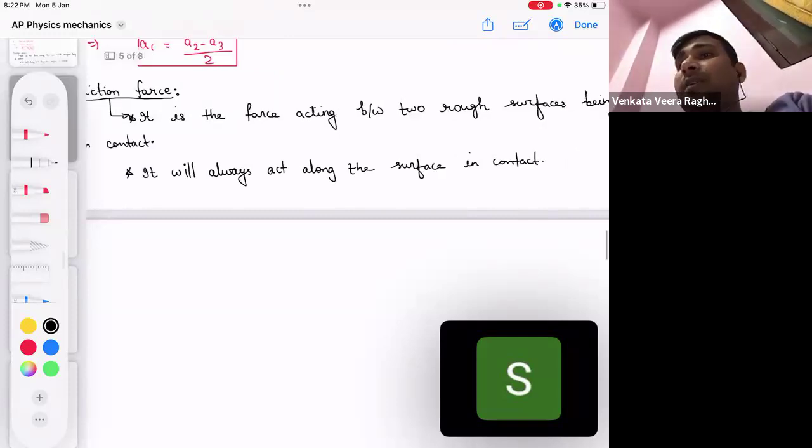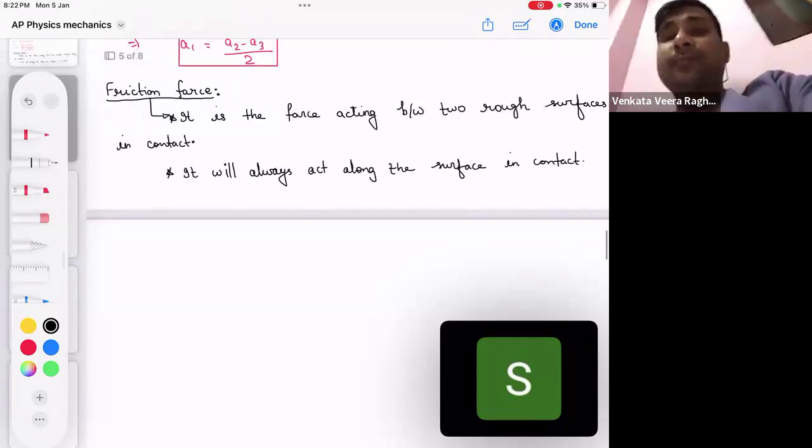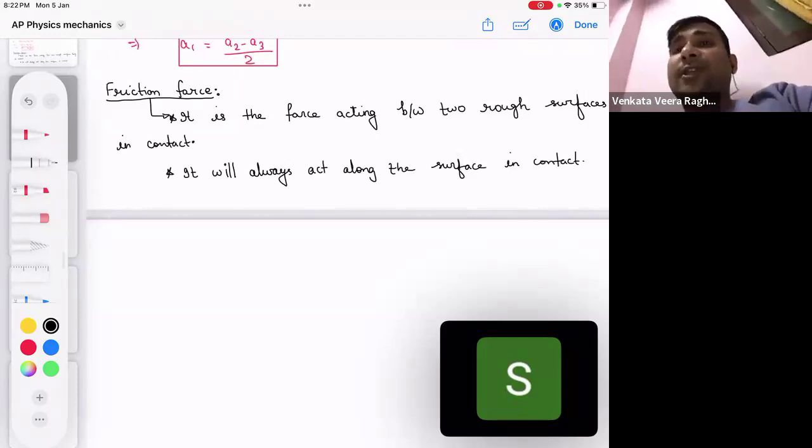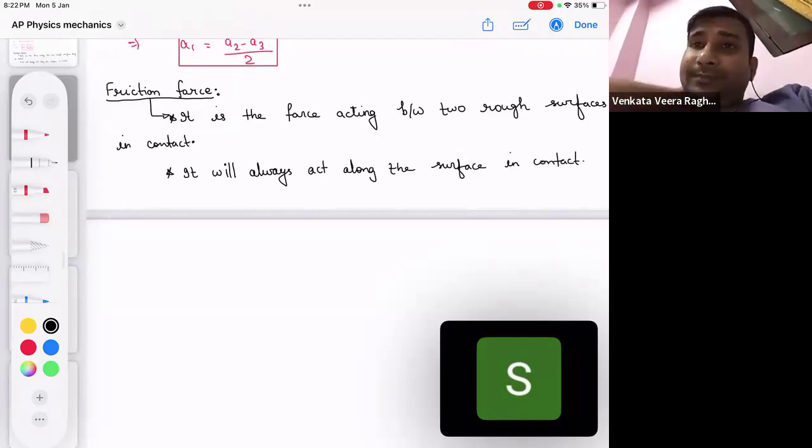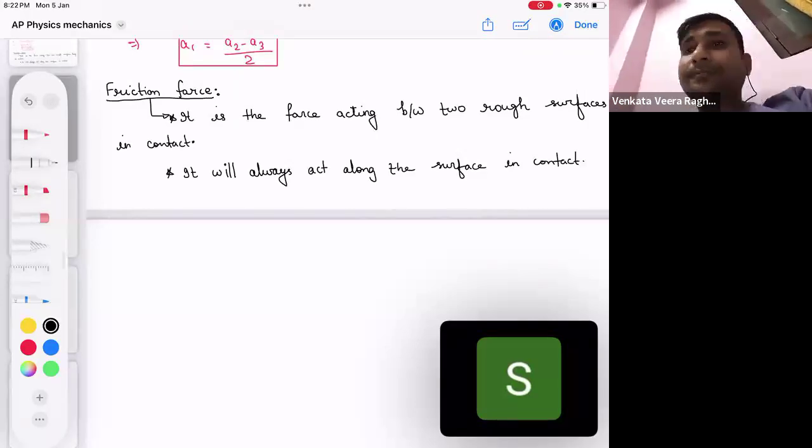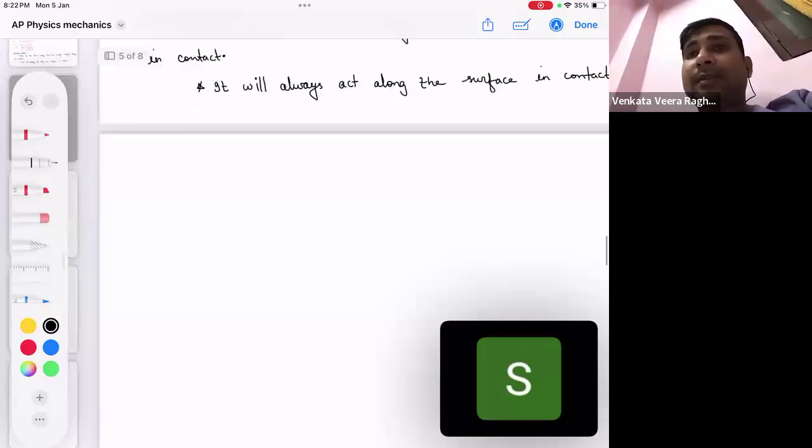Is that clear? Now, how many types of friction force are there? Can you tell me?